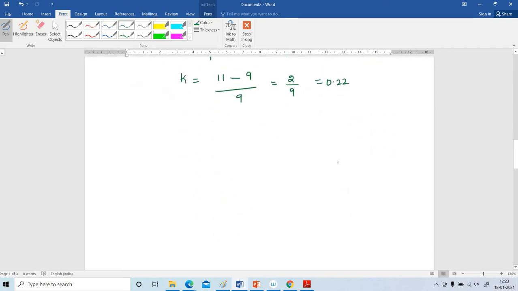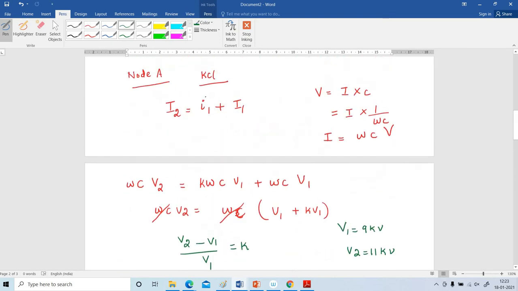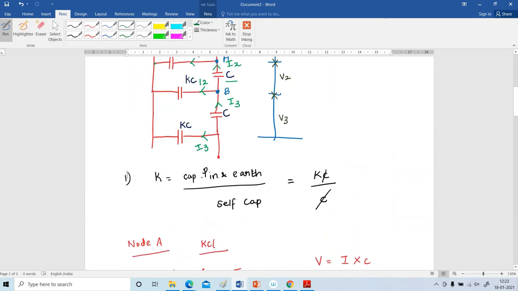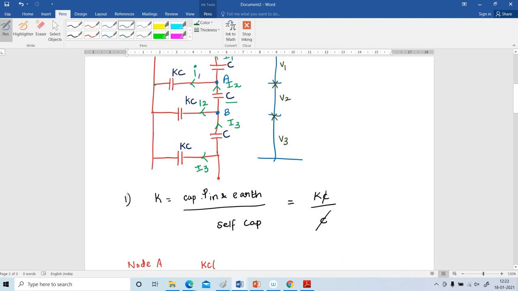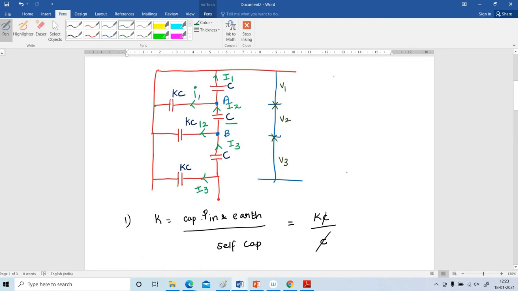What is the second question? Second question is find the line voltage. To find out the line voltage, I am going to take the node B. Node B, have to apply the KCL. So what is the incoming current? I3. Outgoing currents are small I2 and capital I2.